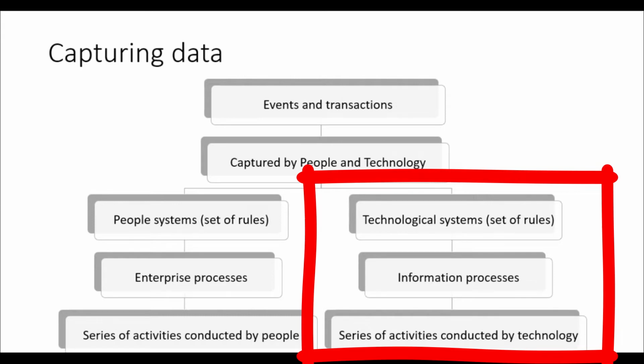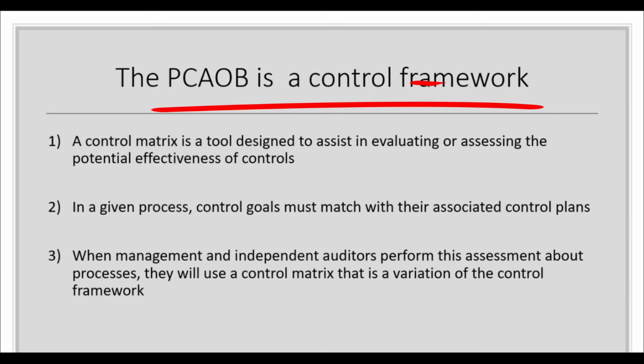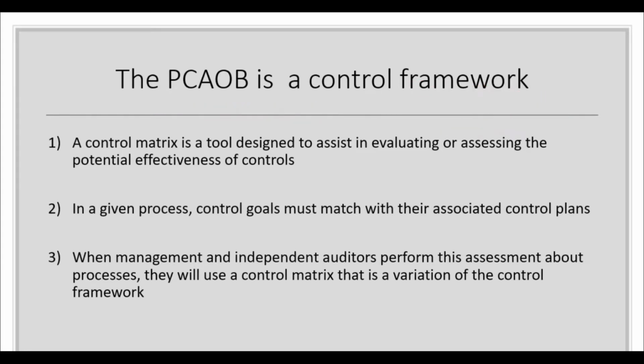There are information processes to support these systems, and each process has a series of activities conducted by technology. The PCAOB is a control framework. A control matrix is a tool designed to evaluate and assess potential effectiveness of internal controls.